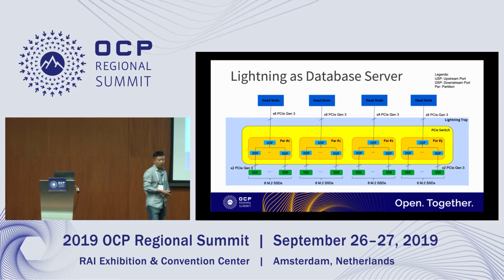And with this, we basically carve out the Lightning pool, the pool of flash storage, and be able to assign them to different servers. And you may ask, right, this is very similar to a local storage setup, so why the heck do we need a switch in the middle? We can maybe just connect the 8 SSDs to the server, right? And this is tied to another switch feature I will mention later.